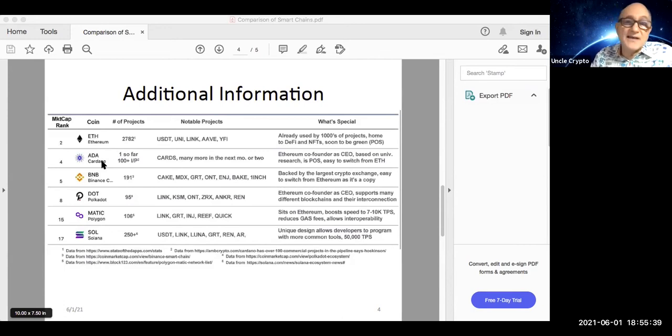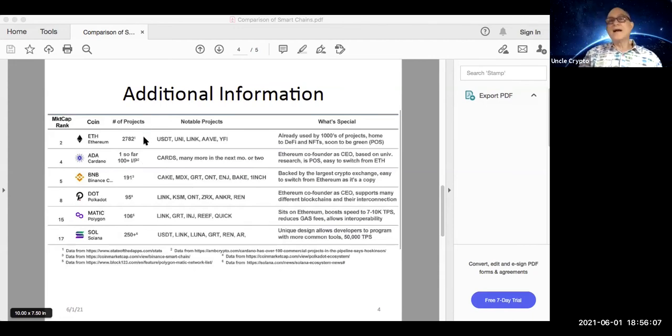Number 3 is Tether, in case you're curious, which is a stable coin for $1. So ETH, then ADA, then Binance is number 5, and then comes Polkadot at 8. Then we go down to 15 to find MATIC, and down to 17 to find Solana. So that's kind of where they are in relationship to others.